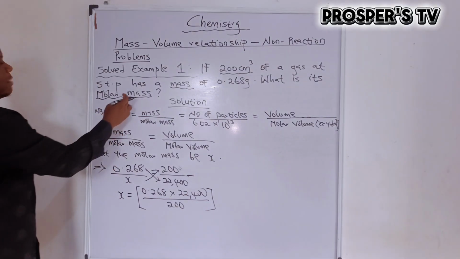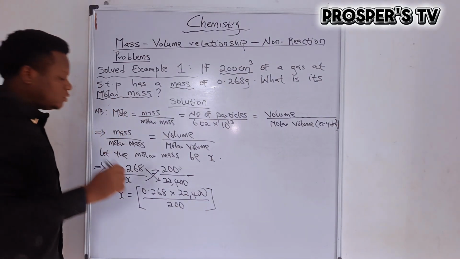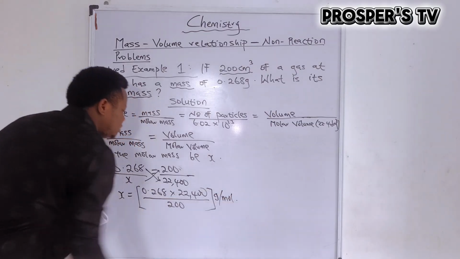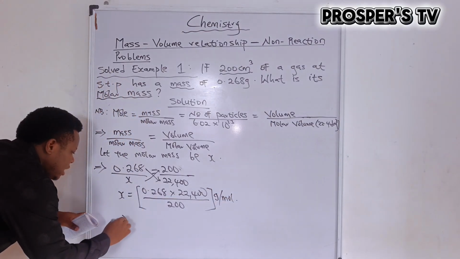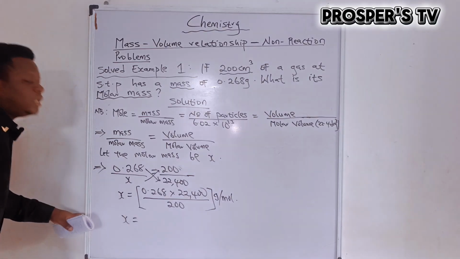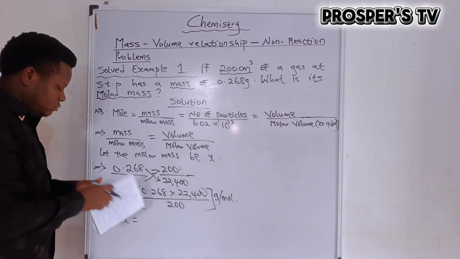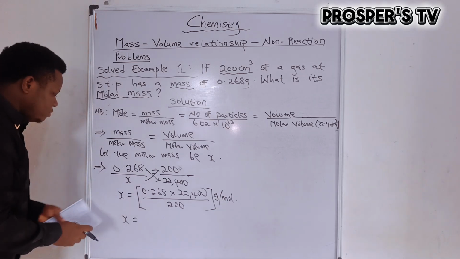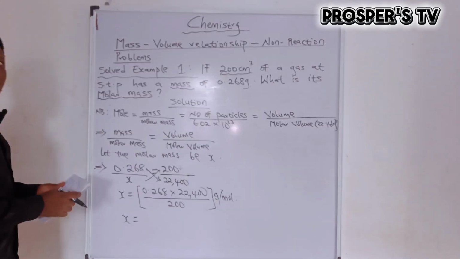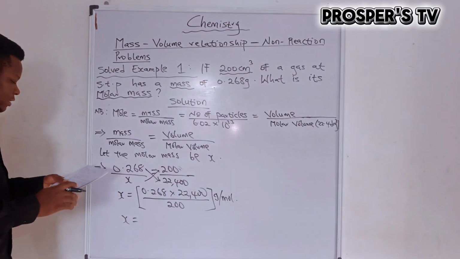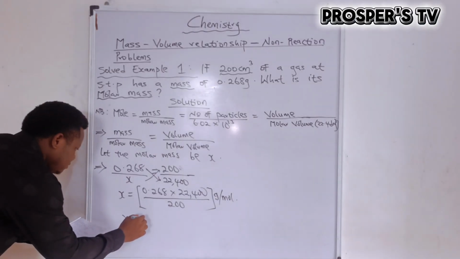Now, we are calculating molar mass. The unit for molar mass, I've told you guys, is grams per mole. So you include that. So you punch your calculator and then you arrive at your final answer, which is 30016/5. Which will give you the answer in decimal to be, I think, 30 gram per mole.